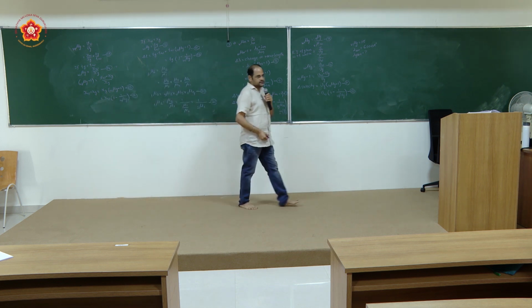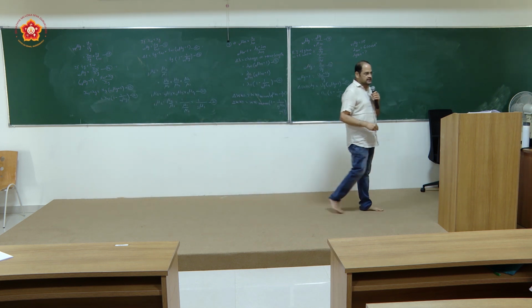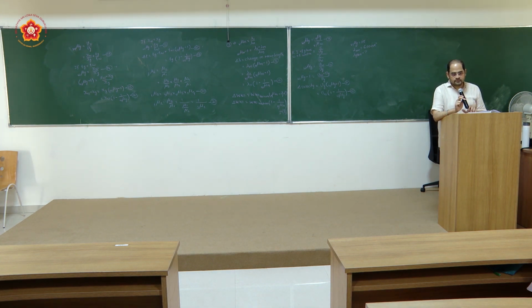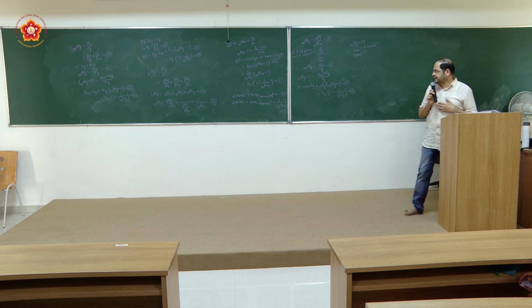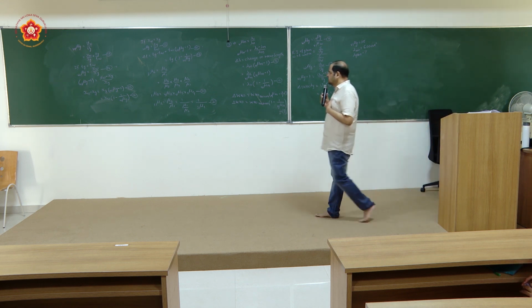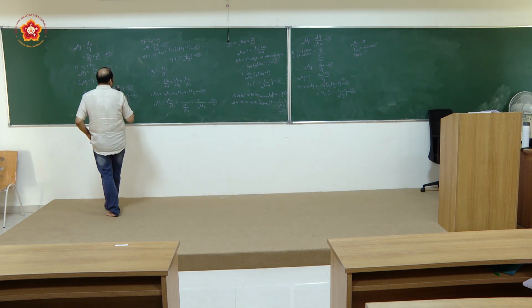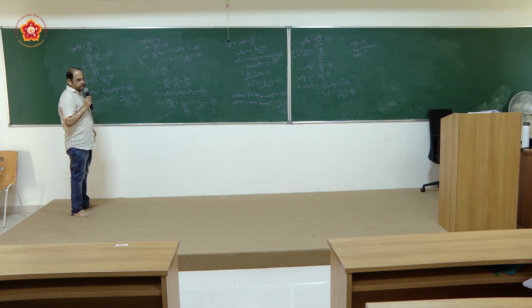So refractive index of 2 with respect to 1 is reciprocal of refractive index of 1 with respect to refractive index of 2. Done? 18th. Equation number 17. Is it clear for you?